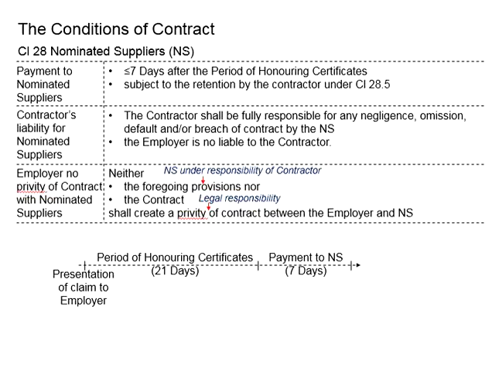As there is no legal relationship between the employer and the nominated supplier, the only relationship between them is that the employer nominated that supplier to supply the materials and goods.